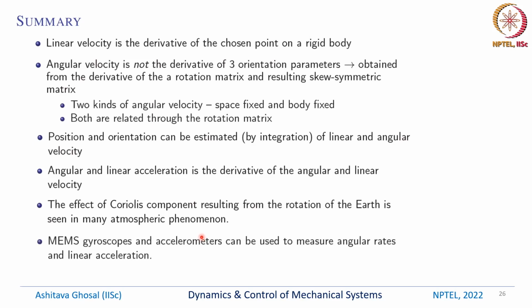And we also have nowadays very simple and cheap IMUs, inertial measurement units. These are basically MEMS gyroscopes and accelerometers which can be used to measure angular rates and linear acceleration, and then using some reasonably sophisticated algorithms you can find the position and orientation of a rigid body in 3D space.